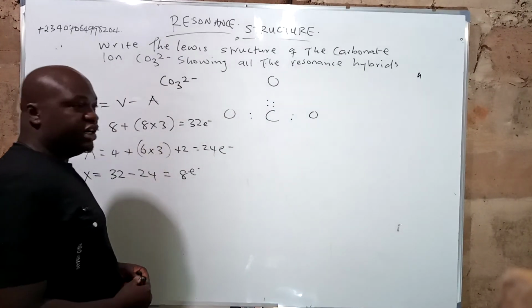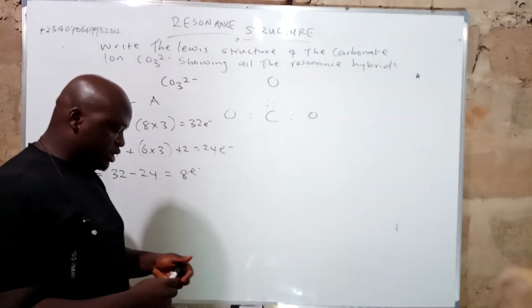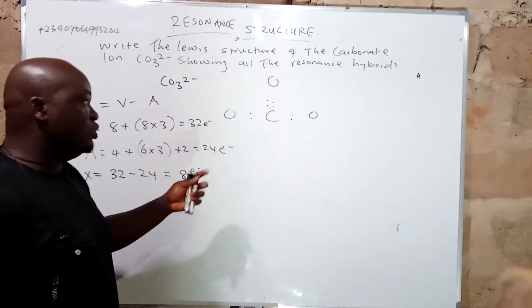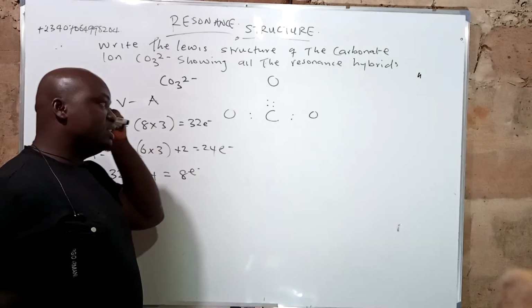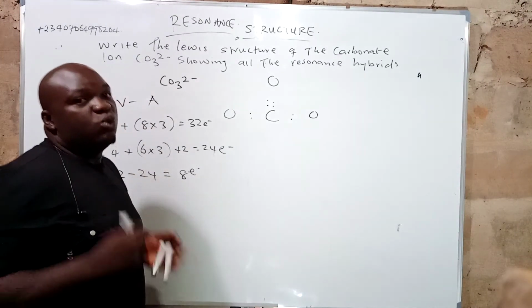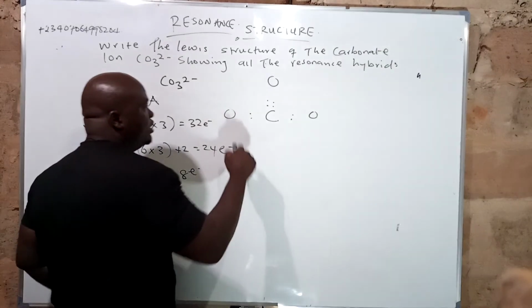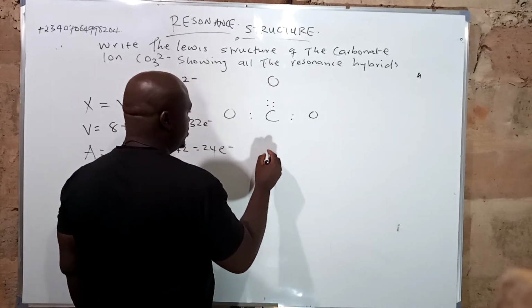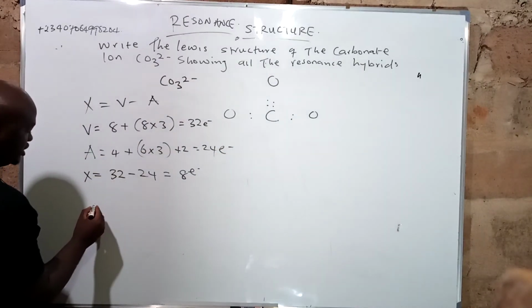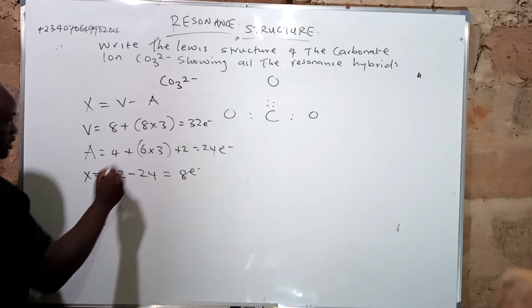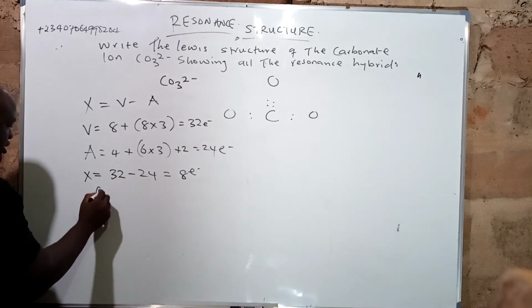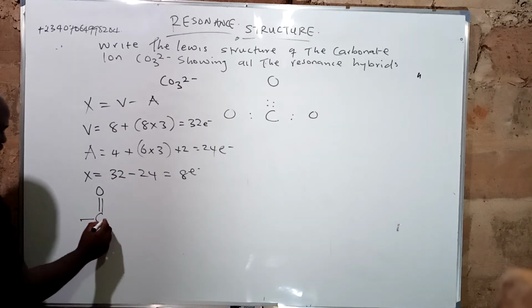Now, this is where resonance comes into play, and that is what we are doing here. Under resonance, let me first write the Lewis structure here. So this is now C. Of course, we have a double bond here. This is oxygen.